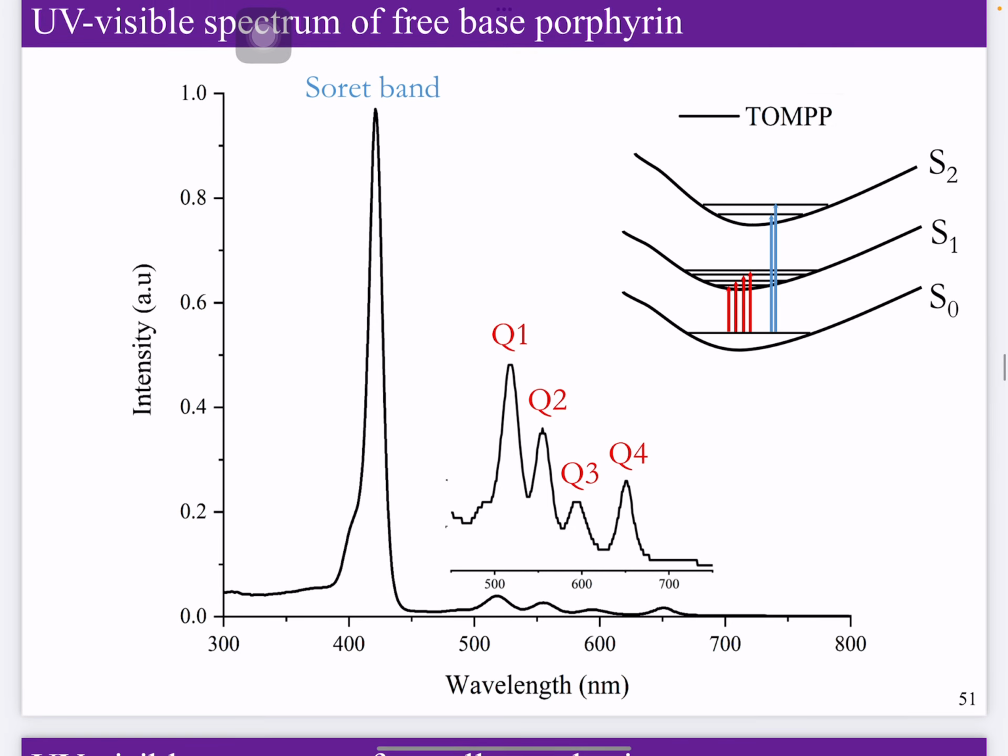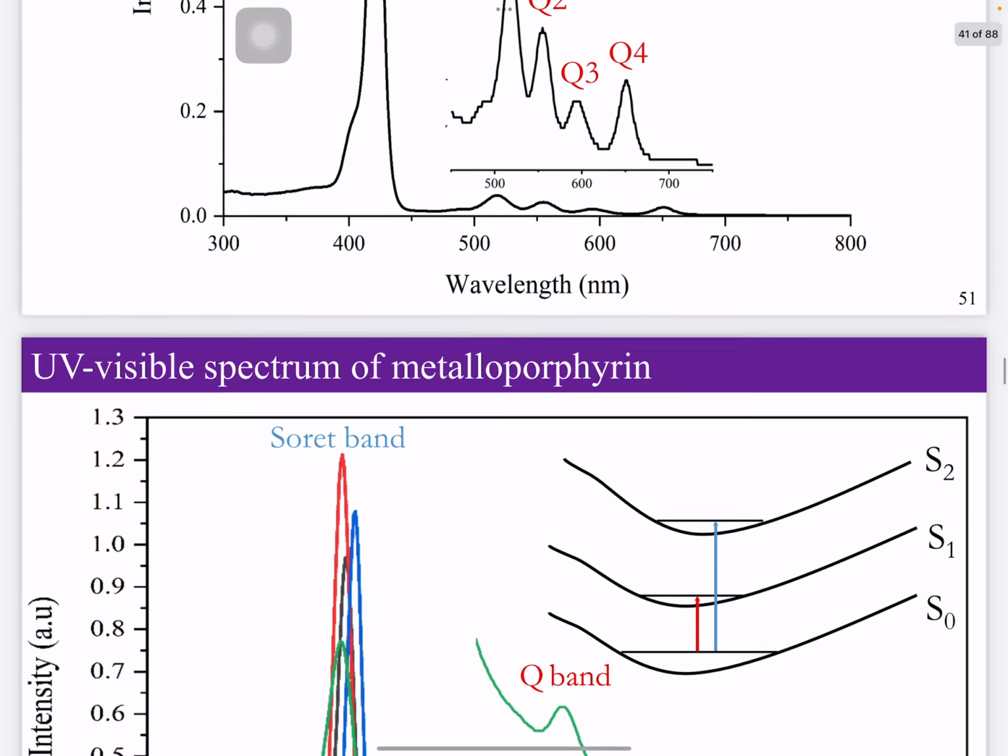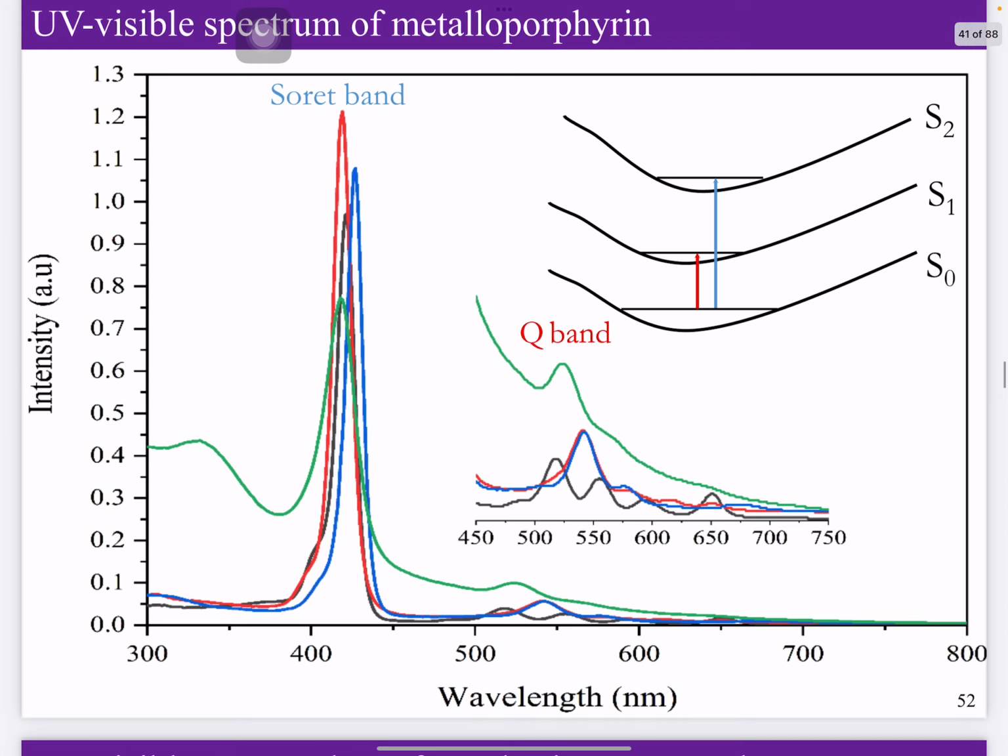The UV-visible spectroscopy shows one singlet band from the electron transition from S0 to S2, and they also have 4 Q bands that are related to the transition from S0 to S1 with vibrational modes. In the case of metalloporphyrin, the Q bands were reduced to 1 band.